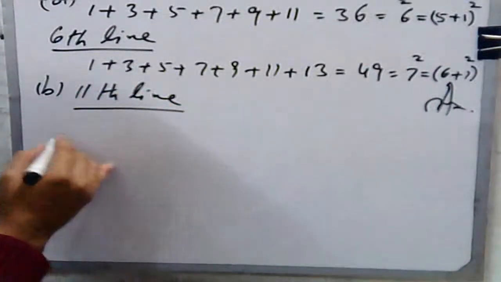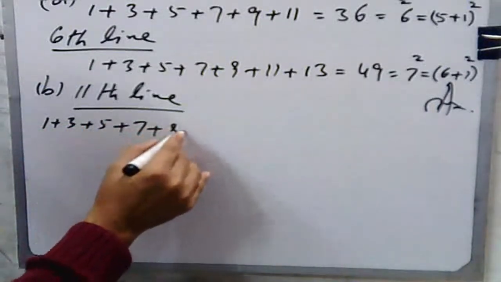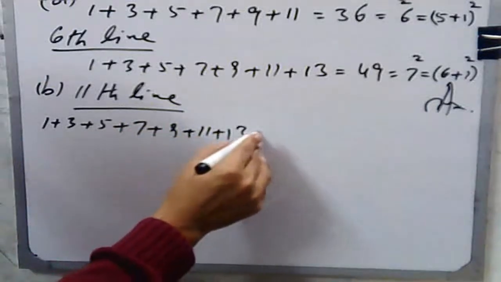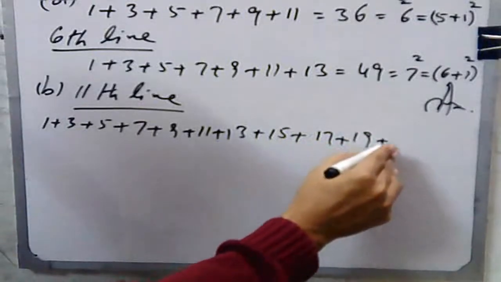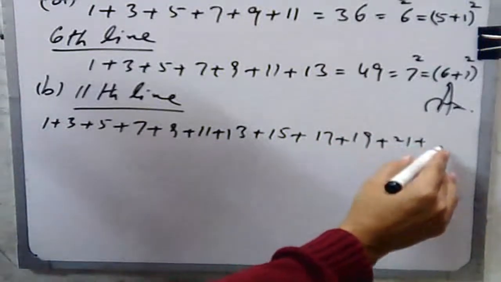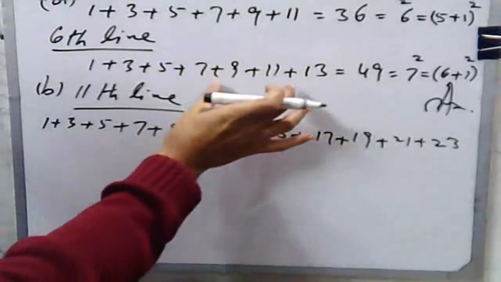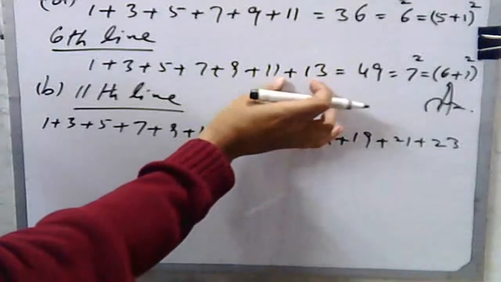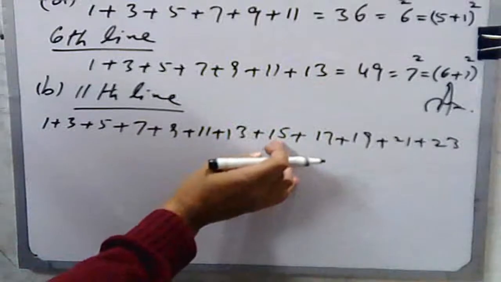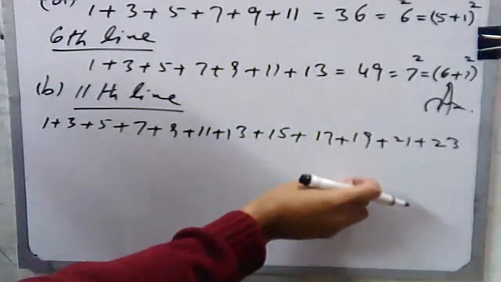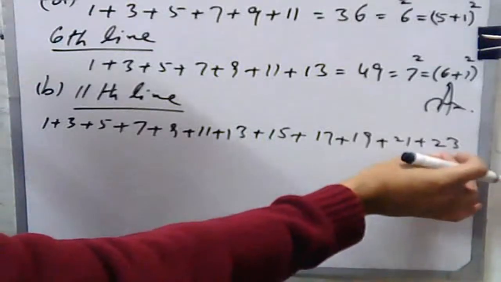It can be written as 1 plus 3 plus 5 plus 7 plus 9 plus 11 plus 13 plus 15 plus 17 plus 19 plus 21 plus 23. So that is your sixth line up to 13. After the sixth line you can add 2 more, so plus 15 gives you the 7th line, then 8th line, 9th line, 10th line, and the 11th line, so you have to go up to 23.